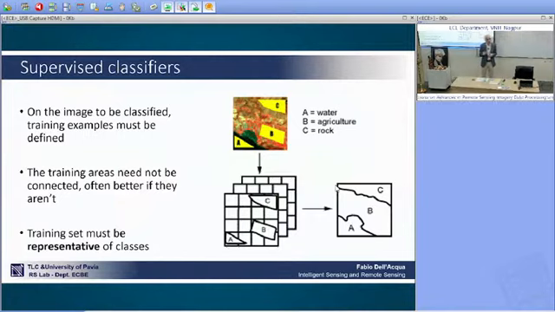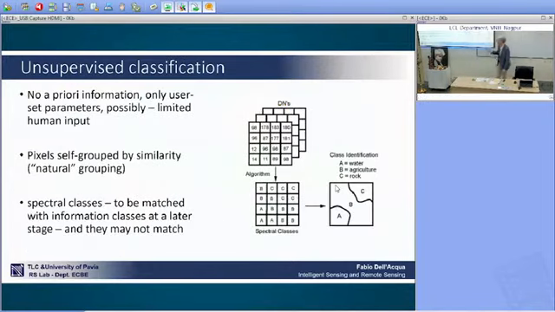It will be the noise which will determine whether any classification unit will fall into class A or into class B. You will get a lot of errors. This generally doesn't happen in unsupervised classification. Because in this case, you naturally get a partition of the data set into spectral classes.